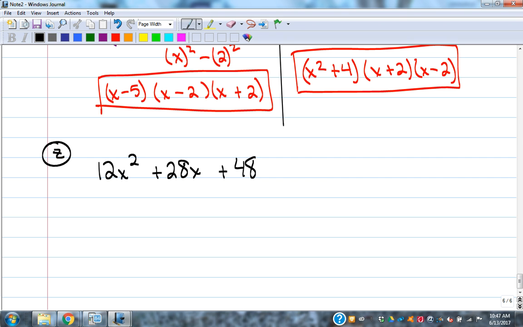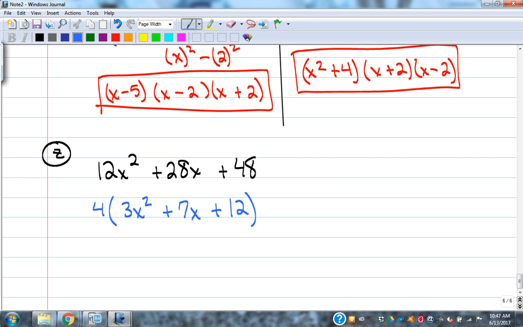Does 4 go into 48? 12 times, right? Let's make sure there's not something bigger. The next biggest number that goes into 12 would be 6. Does 6 go into 28? No. So it can't be 6. It has to be 4. So my GCF would be 4, and I'm going to pull that out. So then it'd be 3x squared plus 7x plus 12.